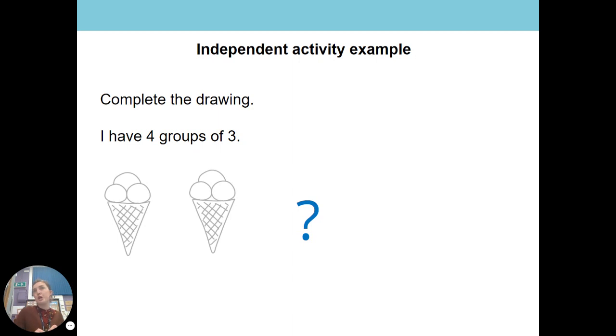So you could do groups of dogs in kennels, groups of astronauts in space, groups of worms in the mud, whatever you want. And if you're finding drawing the ice creams a little bit tricky, click on the enable task where you can make it as concrete objects instead. Well done, everybody, and I can't wait to see your creative drawing ideas.